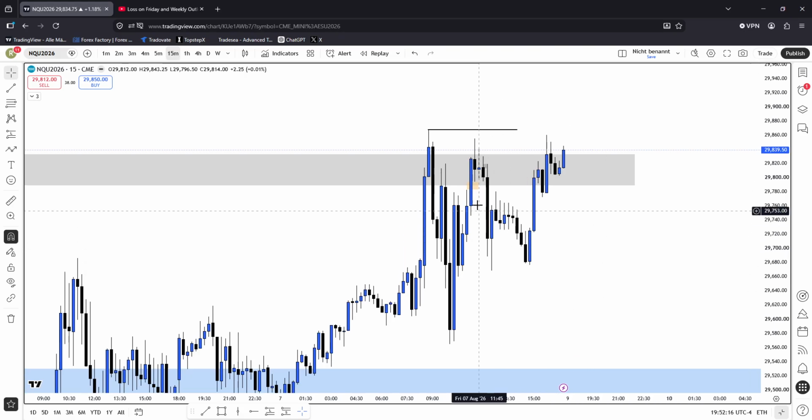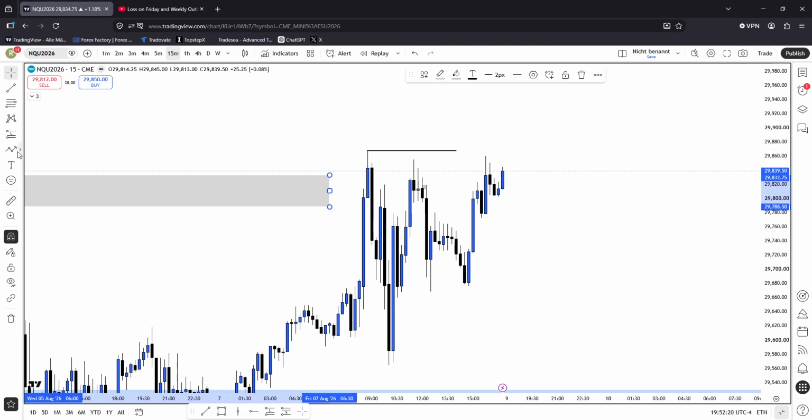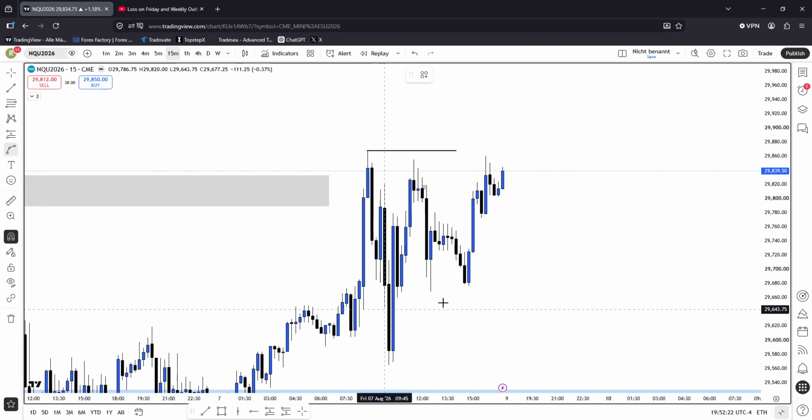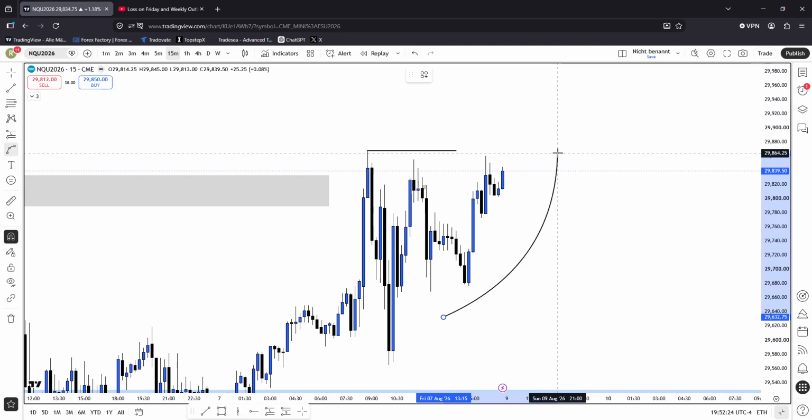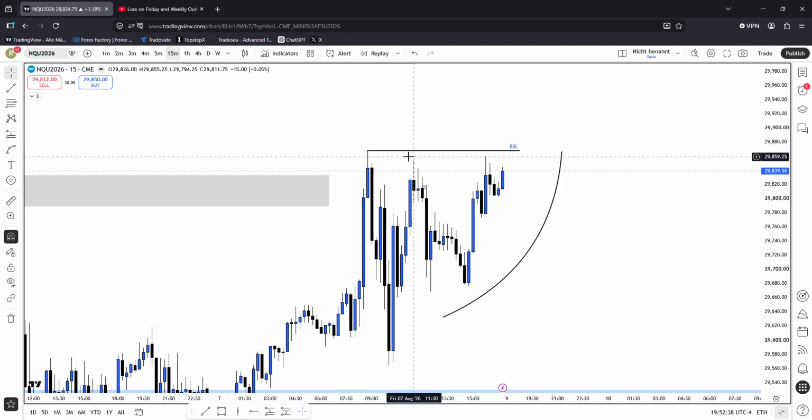And now we are obviously in a bullish scenario. We are grinding our way back up, and we also formed low resistance liquidity, I mean stacked highs here.